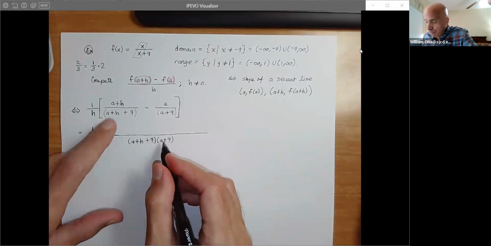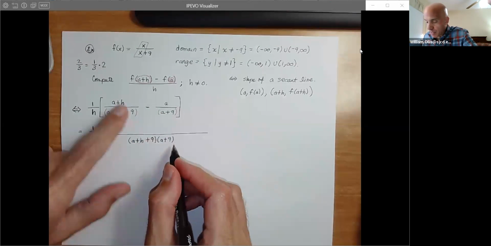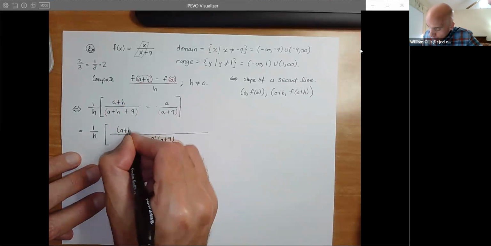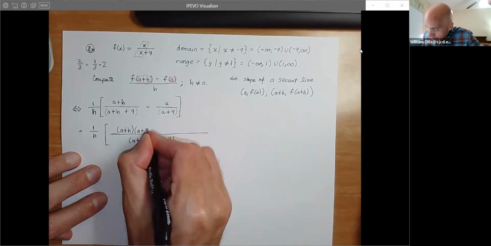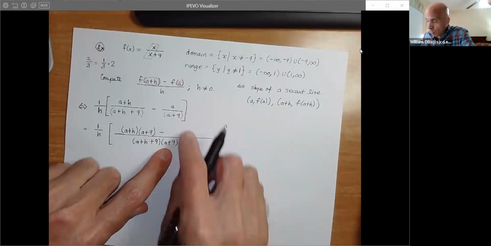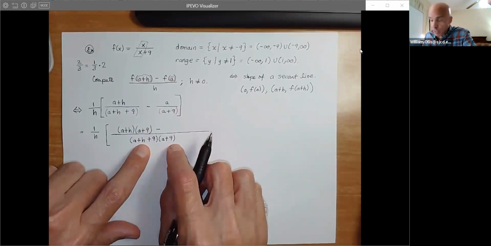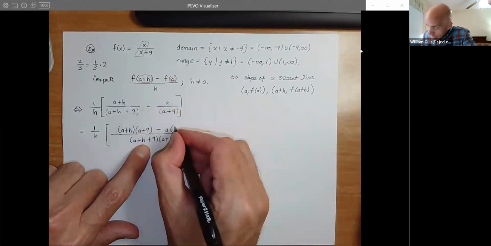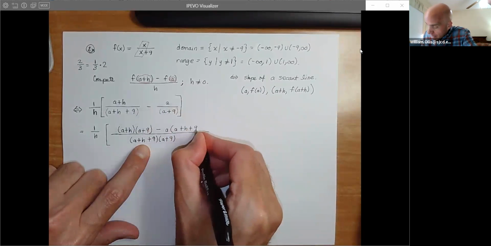Now notice we have the a plus h plus 9 here, but we don't have the a plus 9. So we say a plus h times a plus 9. And now we do the same comparison. Here we have the a plus 9, but we don't have the a plus h plus 9. So we say minus a right there times a plus h plus 9.